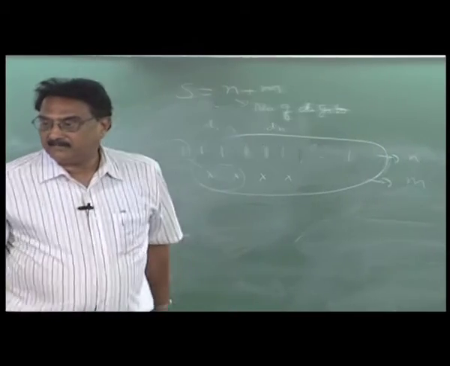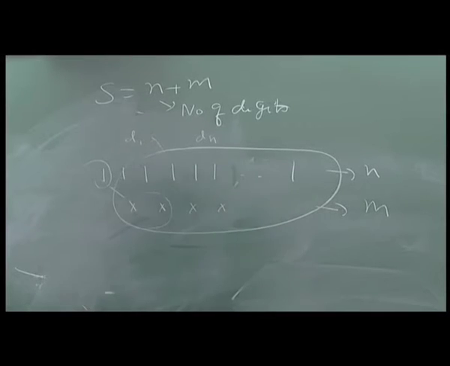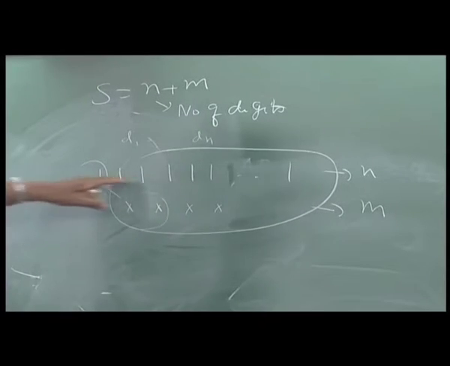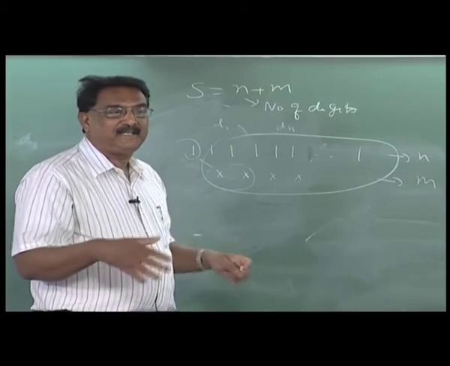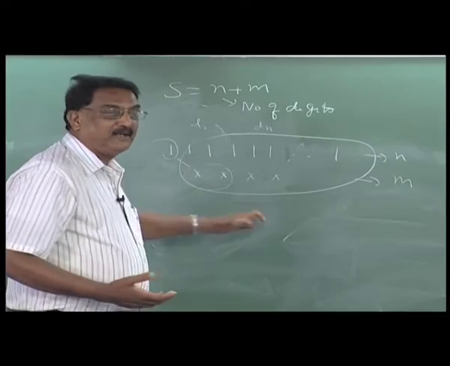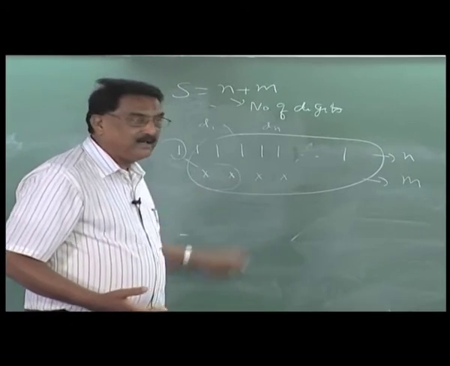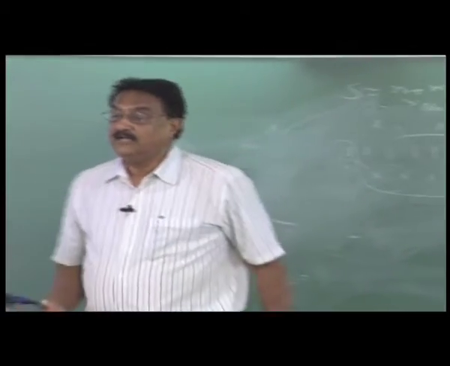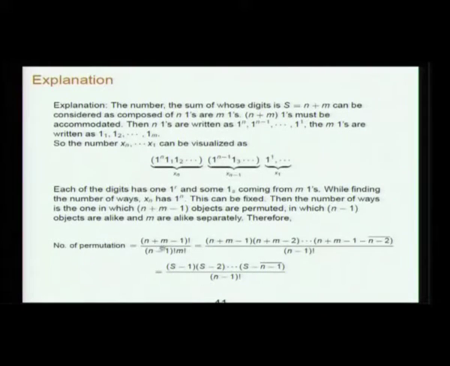They can be permuted among themselves, but if you permute only within the subset of n minus 1, that will not give a new arrangement, and similarly permuting among the m only will not give a new one. So, it has to be n plus m minus 1 factorial divided by factorial n minus 1 times factorial m.